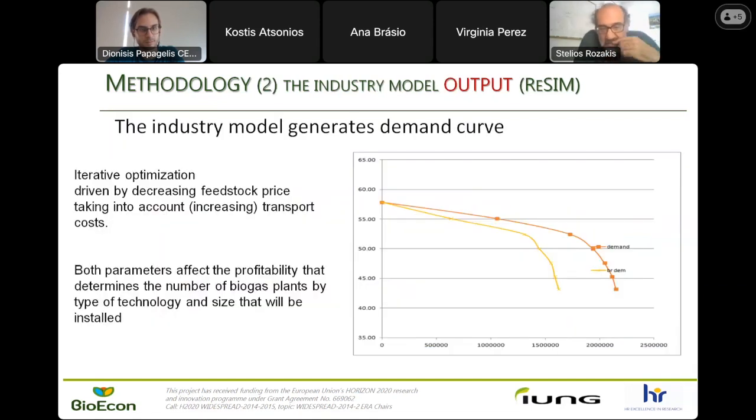So when we run the model, each theoretical unit of biogas is entered in the system. The model selects the most efficient unit. The most efficient unit is able to pay a better price to the farmers and requires a certain quantity of biomass.